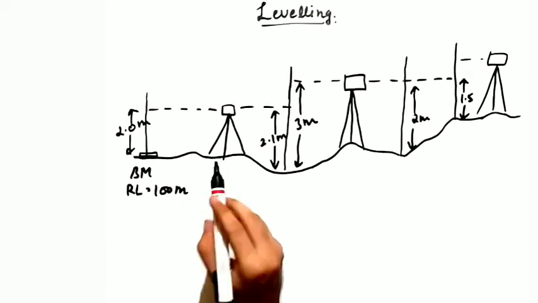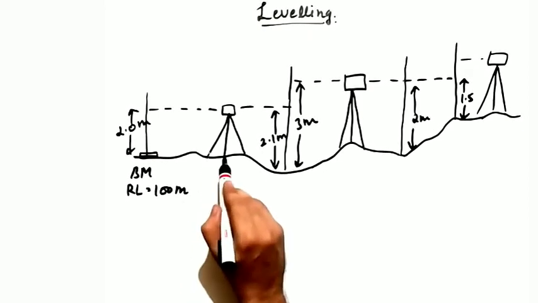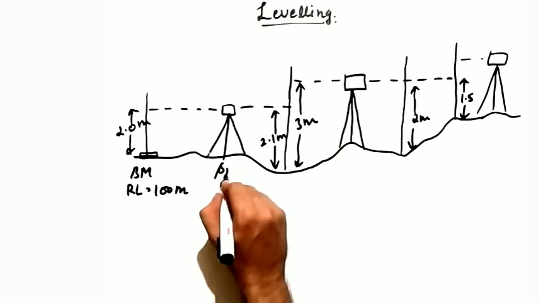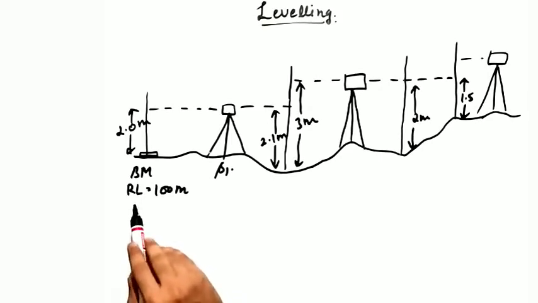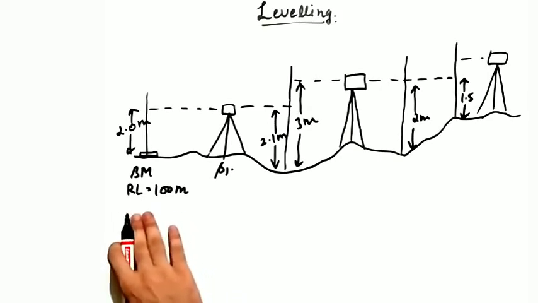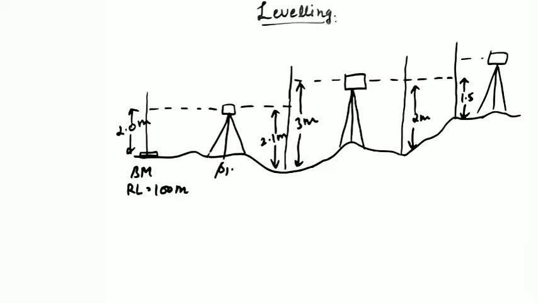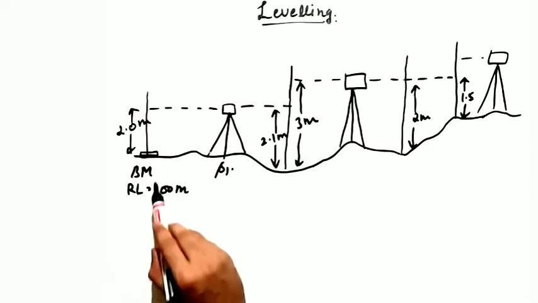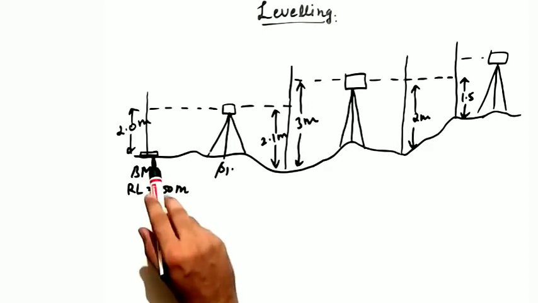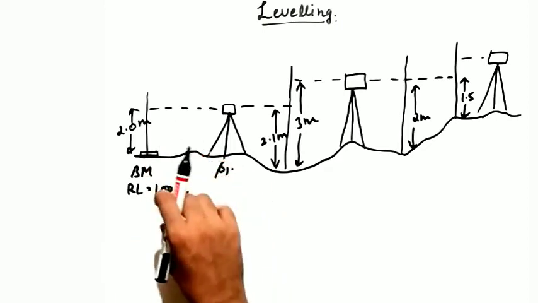Now see, I have fixed a station here. Suppose this is S1 and I have fixed one auto level here. This is a station from where I have started my reading, and it will go beyond this board. Suppose this has a reduced level. This is a benchmark. That means I have started my leveling from a benchmark of known elevation.